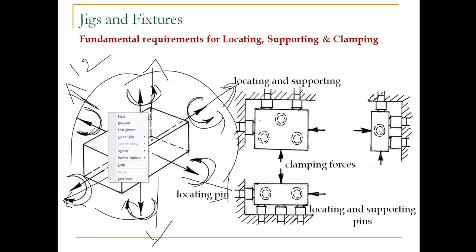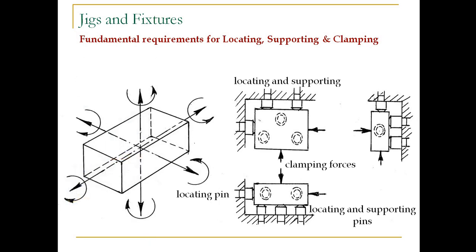So in total there are 12 degrees of freedom, meaning 12 ways in which a particular block or whatever element is there can rotate or shift or move, right? So we will have to lock or arrest those 12 motions. For that we will have to locate, support and clamp the workpiece or job accordingly. So that is why the 3-2-1 principle is used.